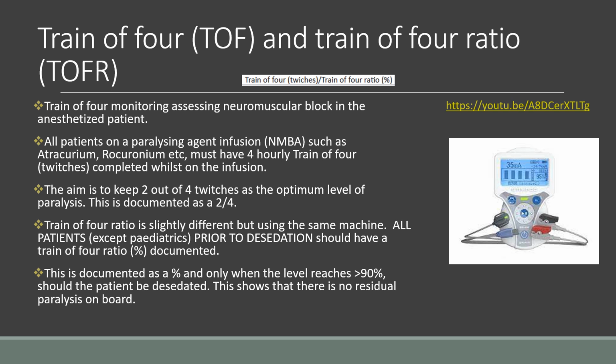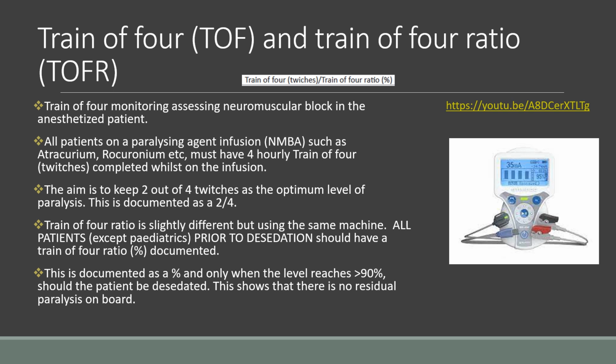Basically, in simple terms, what this means is all of that paralyzing agent has worn off, and we can be confident when we desedate the patient that they don't have residual blockade present and that they're able to be extubated. So we do it before they're desedated. The reason being, if we're waking them up and they're partially paralyzed, that again is terrifying. We don't want to inflict harm on our patients, and so this is what we do to manage that.